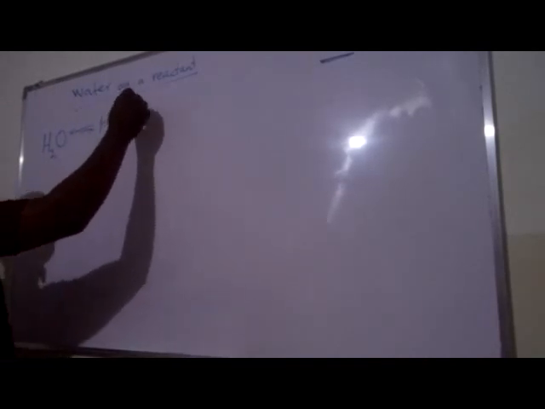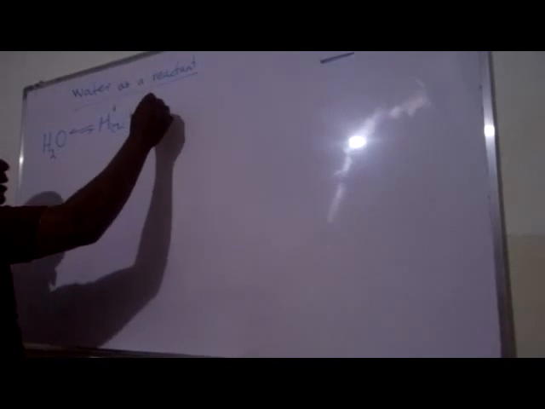If we look at water, water has a tendency of dissociating. Once it dissociates, it will produce a hydrogen ion, and of course a hydroxide ion.